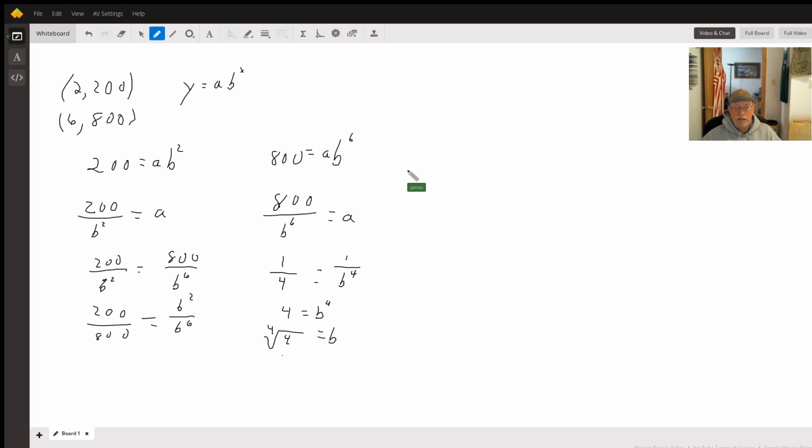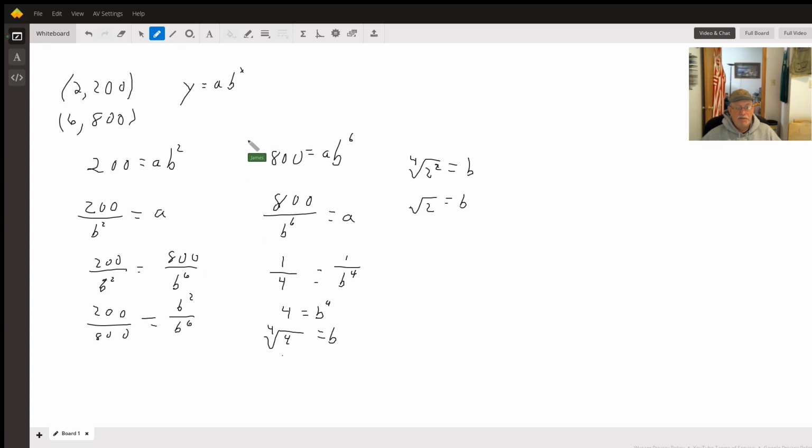So I got the fourth root of 2 squared equals b. That gives me the square root of 2 equals b. So we know what b equals now.